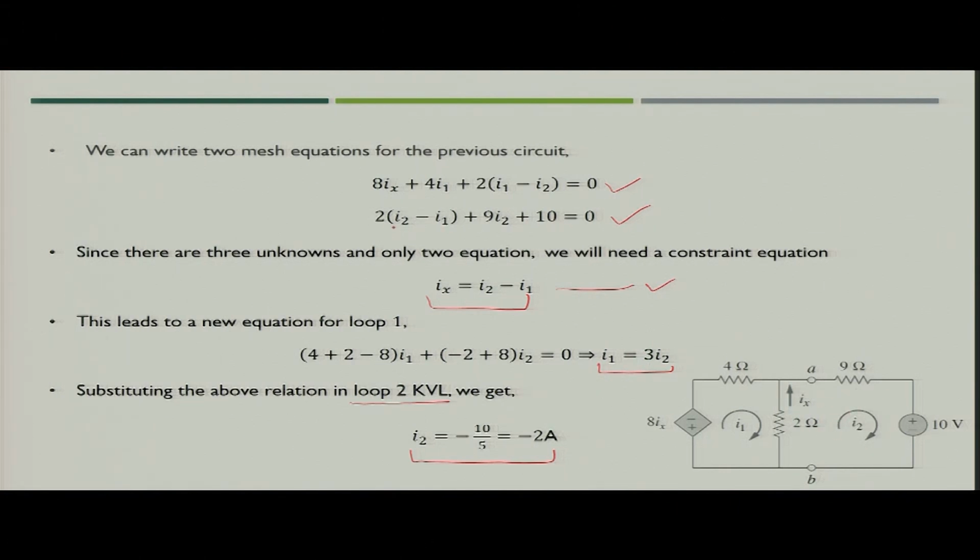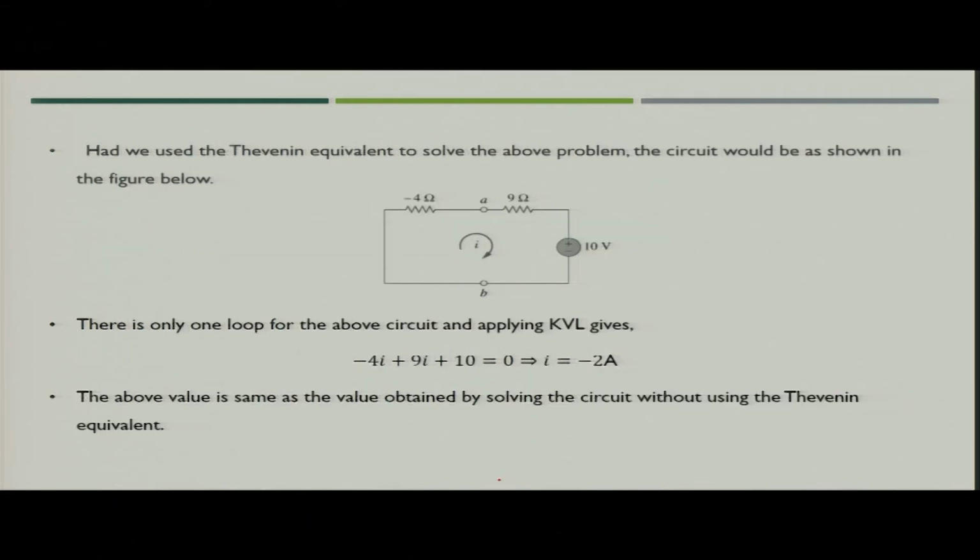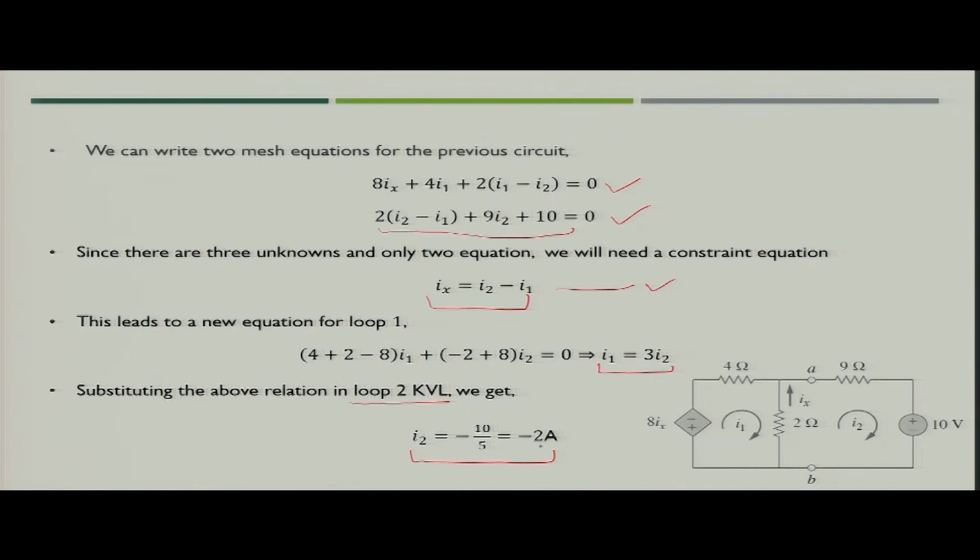This is what you have used in case of mesh 2. Put the value of I 1 here, solve it, and you will get I 2 is minus 2 ampere. Now, this is what you got when you did not apply Thevenin theorem to solve this particular circuit.